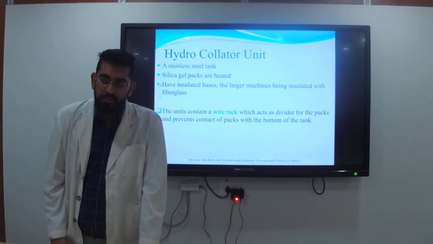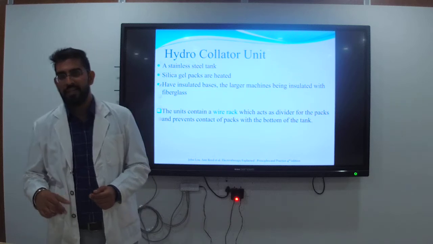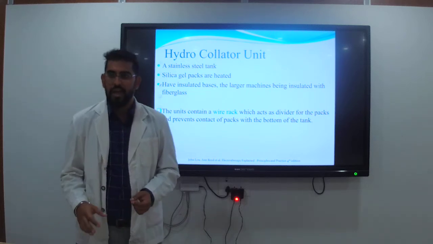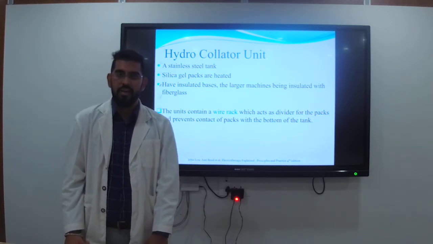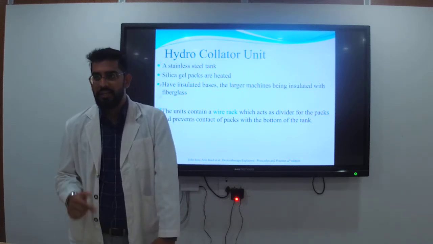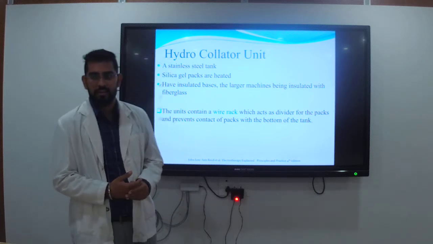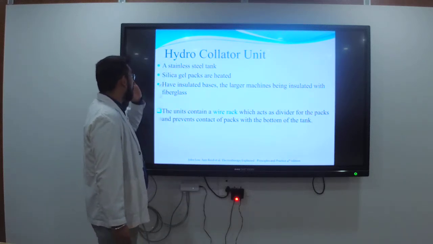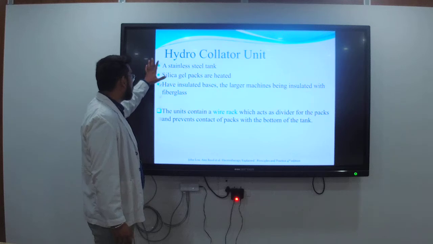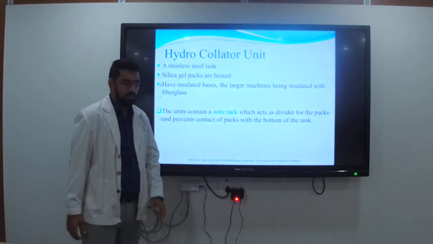Why should it not touch the bottom? Because the heating coils are present at the bottom of the tank, and because they are continuously getting heated, the pad can get damaged or torn up because of excessive heat. If you want to write this down, you can write.